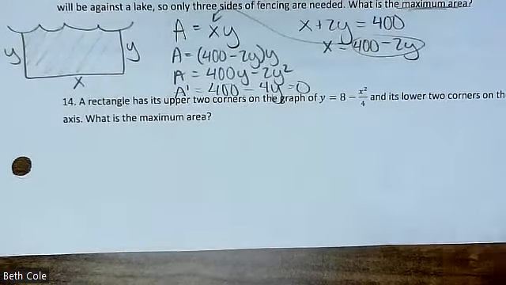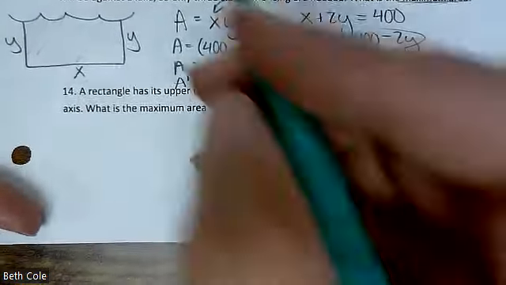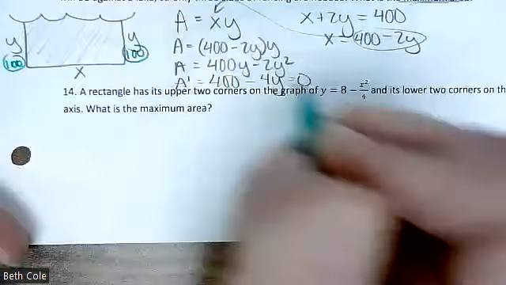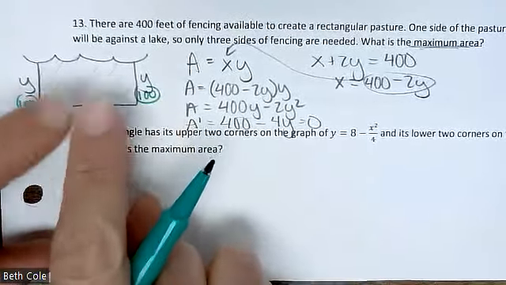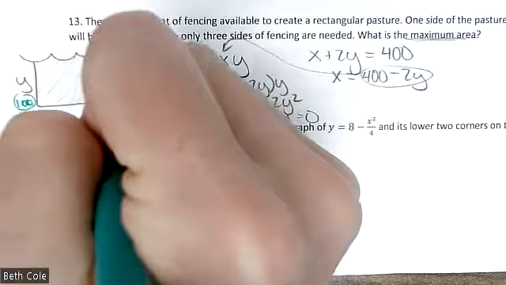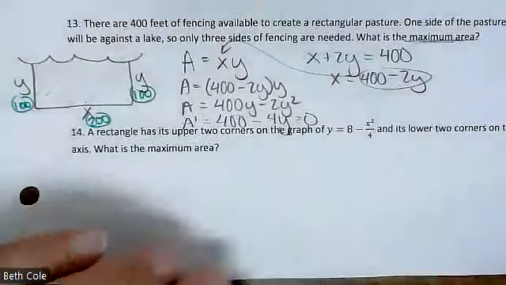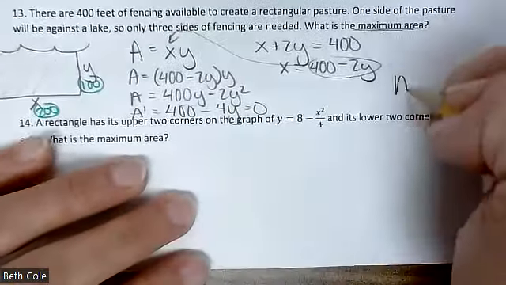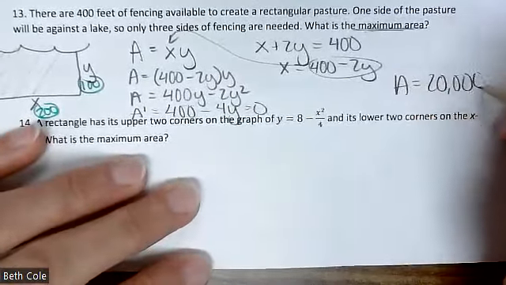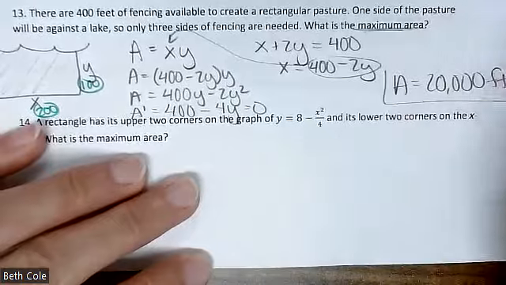What's y going to be? 100? All right, let me put that in my picture. This is 100. This is 100. If you have 400 feet of fencing, X is 200. And your final answer for your area is you have to multiply those together. So 20,000 square feet. Good.